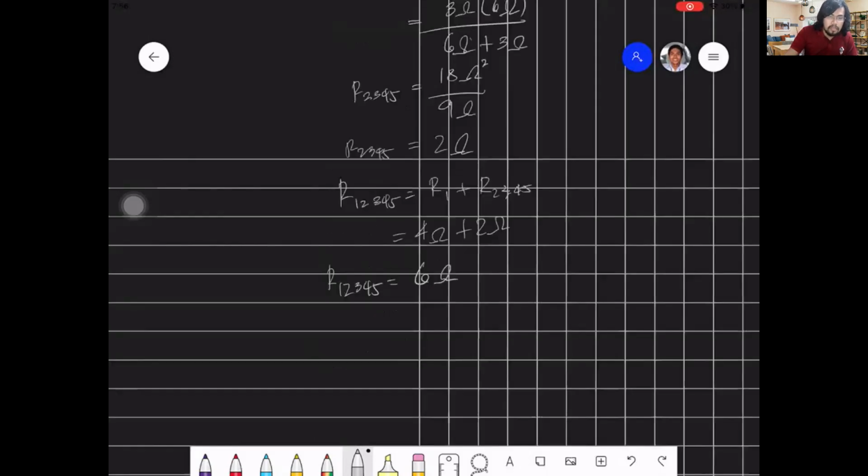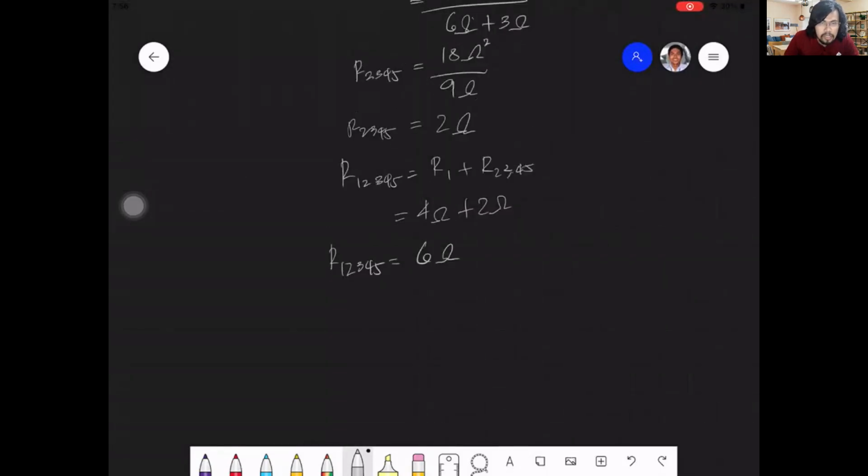Now to solve for the total current, we use the equation V equals IR, where R is R12345.